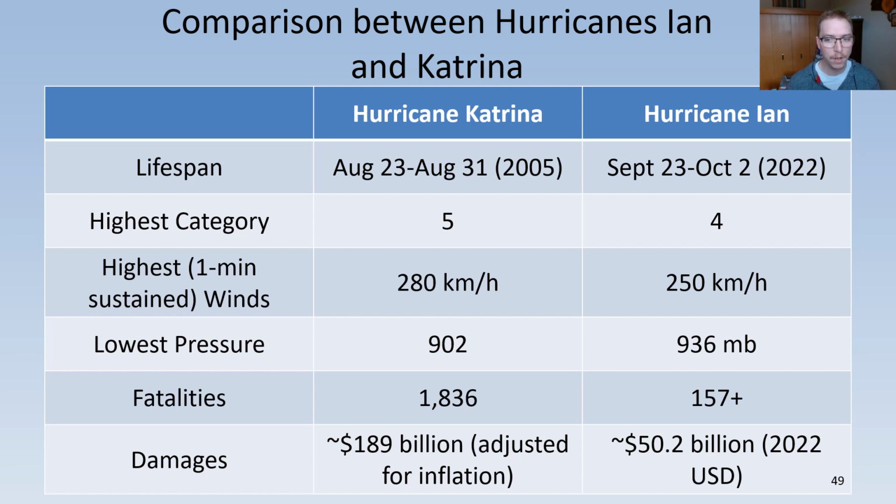Lowest pressure, 902 millibars for Katrina, 936 for Ian. Fatalities, almost 2,000 for Katrina, over 150 for Ian. Estimated damages, 189 billion for Katrina, 50 billion for Ian.